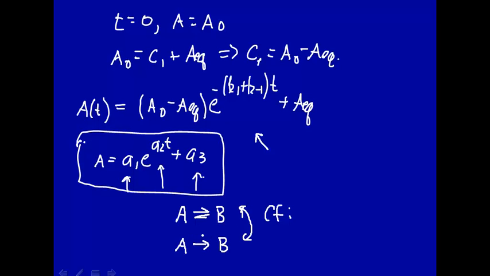if you don't have any reverse reaction, this means that K minus 1 is equal to 0, and the equilibrium concentration of A, since A completely goes to B at equilibrium, will be equal to 0. So with K minus 1 equals 0 and A equilibrium equals 0, we put that in.